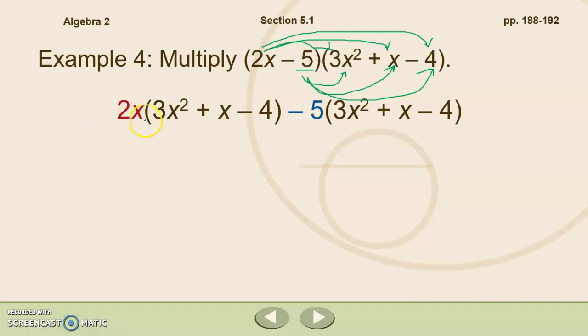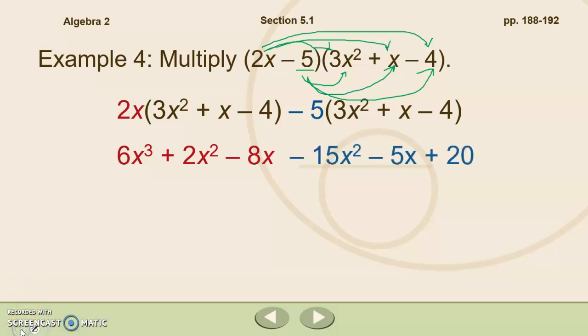So you can see we've got 2x times our polynomial, and negative 5 times this polynomial. When we multiply everything out, we get 6x cubed plus 2x squared minus 8x, and negative 15x squared minus 5x plus 20. Combining our like terms gives us this result.